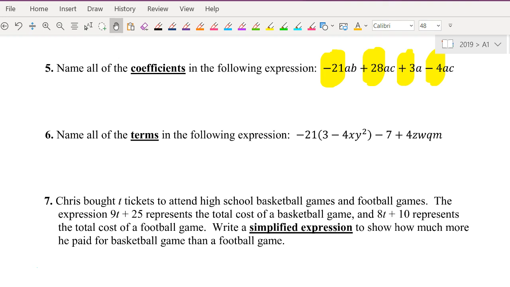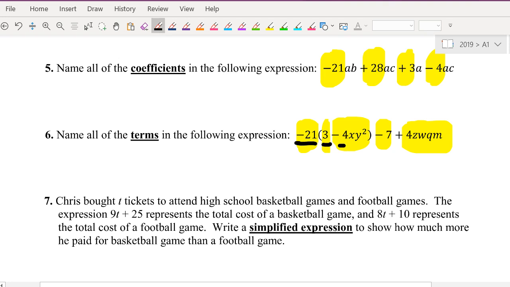The parts of the expression or equation that are separated by what? Positive sign, negative sign, or parentheses. Okay, so therefore this part, but you do have to include the negatives like she said, thank you. And this part, and this part. So there's 5. Alright? So negative 21, 3, negative 4x squared, negative 7, and 4ZWQM. Why are there so many letters there? I have no idea.